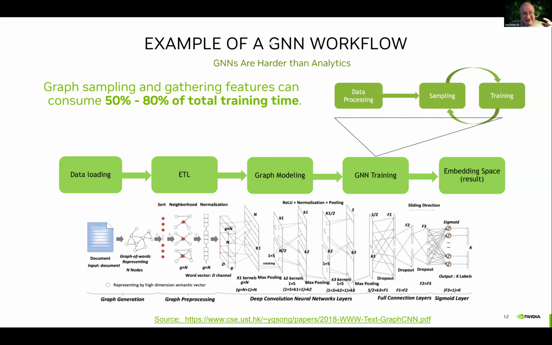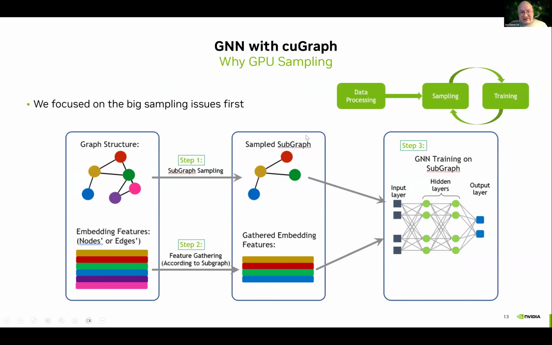It turns out the sampling is the dominant work for graphs. There is much more data movement required in the sampling phase than there is in the actual training phase. And we've timed this. We've actually determined the sampling phase, gathering the graph in a distributed graph system, is where most of the work is.